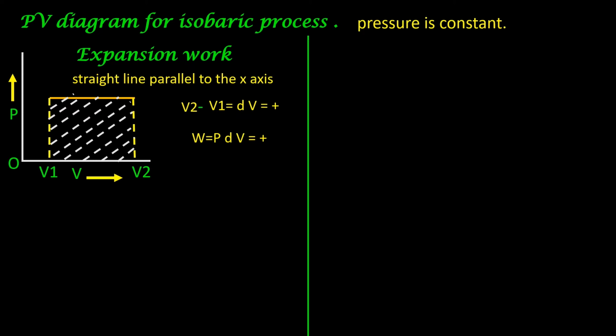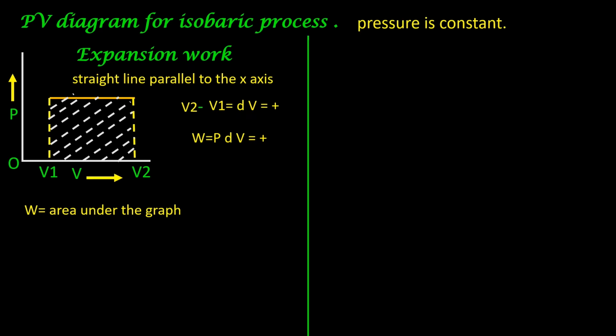So all you have to do is consider delta V. And this value gives the measurement of pressure. So P into delta V is the work done, and it is positive work done. Because it is expansion work, work is done by the system on the environment. So when we calculate the work done from PV diagram, work done is equal to area under the graph.